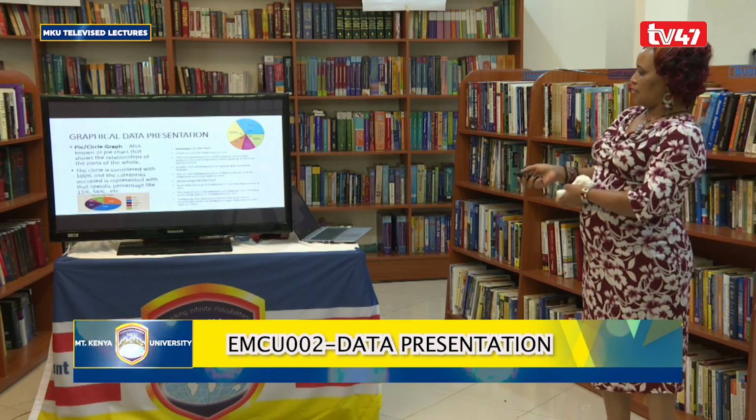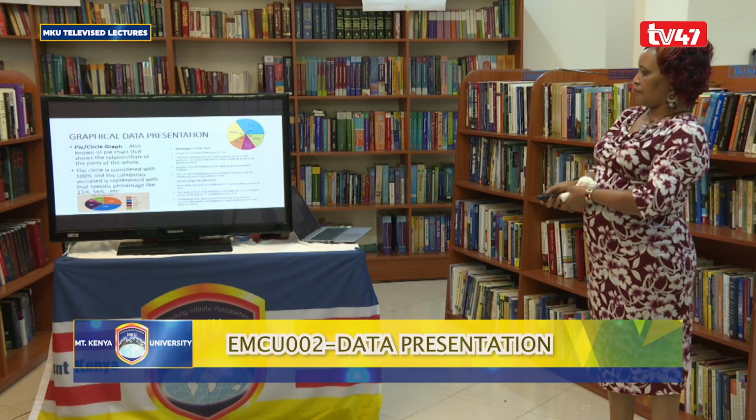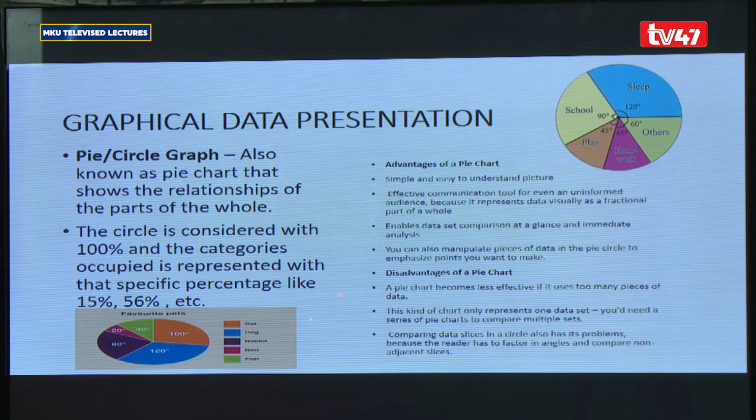Then the next one is a pie graph or the pie chart. And we can see very clearly the pie chart here. The circle is considered as 100% and is represented with specific percentages representing each of the occurrences. So we can say that this is easy to understand. You can be able to tell what is in each of these pieces.